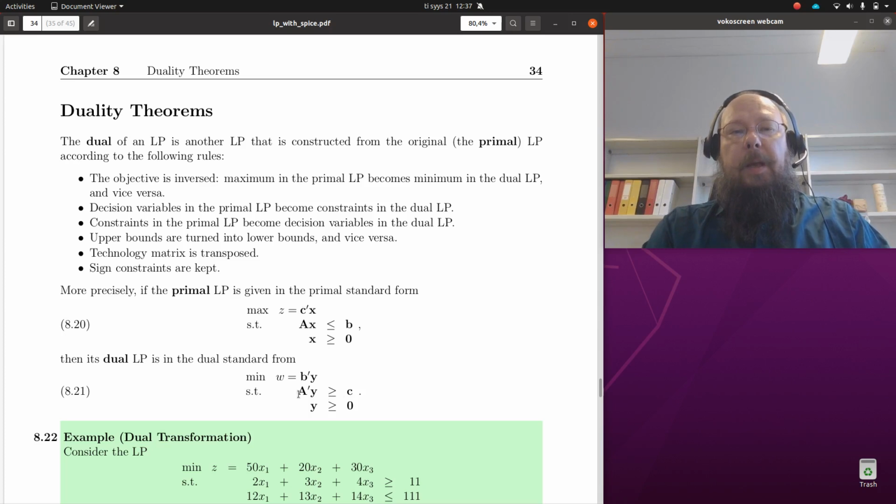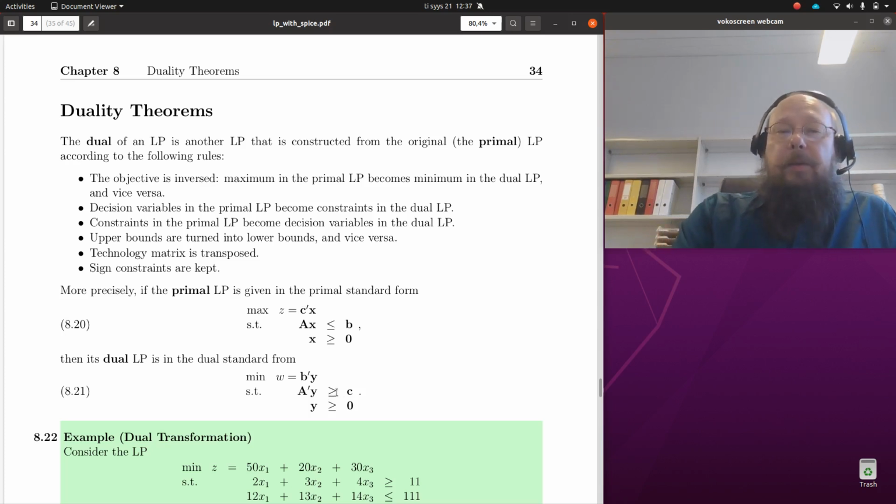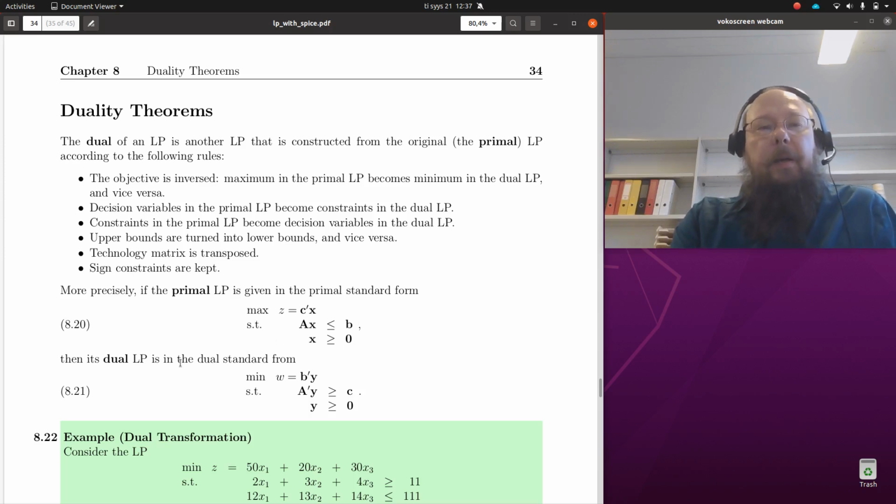So A transpose y is greater than or equal to c. And sign constraints are kept. So if we have an LP, any LP, we can turn it into primal form like this, the primal standard form, and from this we can construct the dual standard form, which is this.